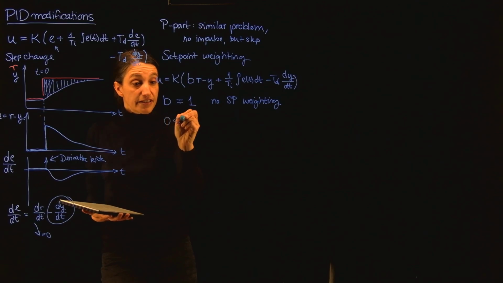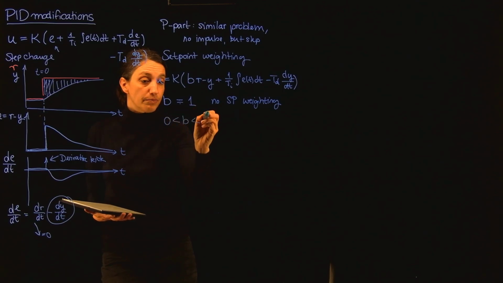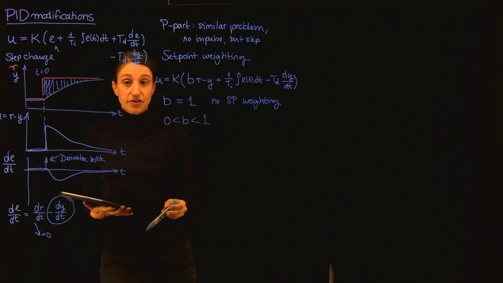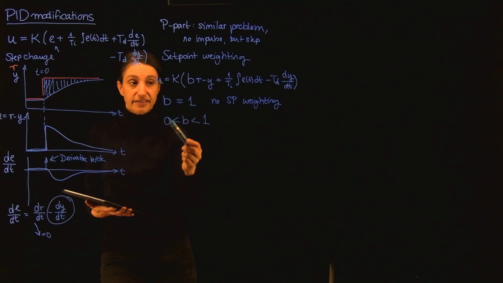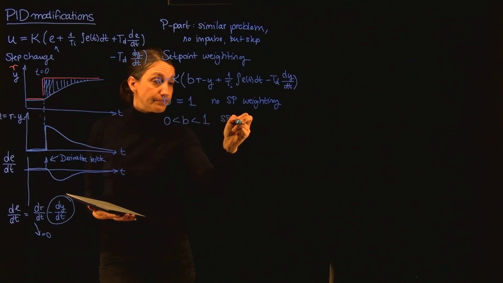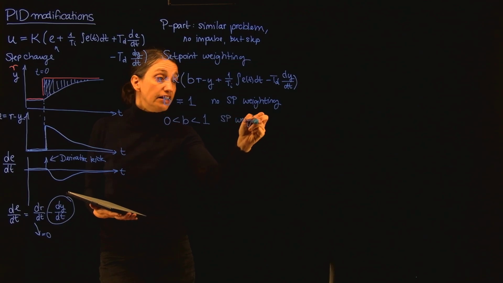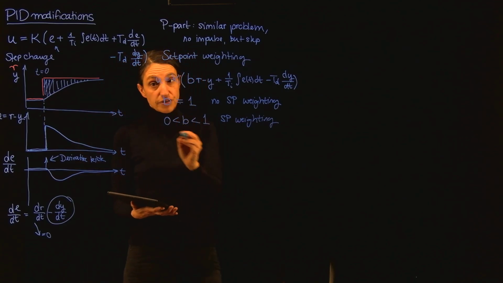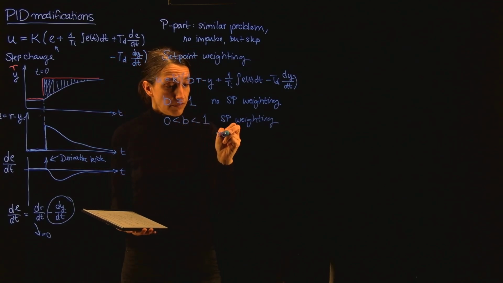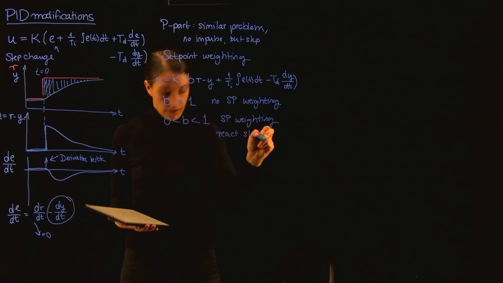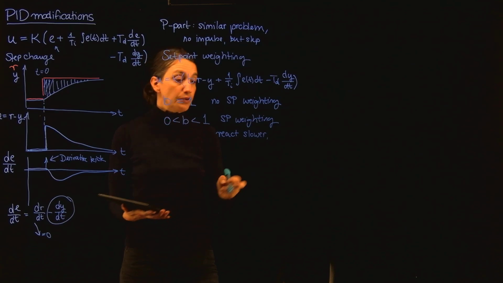The alternative is that B is at some point between 0 and 1, and often the implementation only gives you the choice between 1 and 0. And here we have set point weighting. Ideally, we have something in between. And you can see, if we choose this here, we react slower, but it will be smoother.